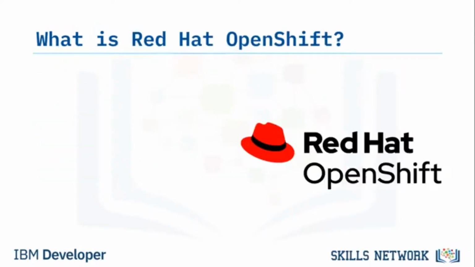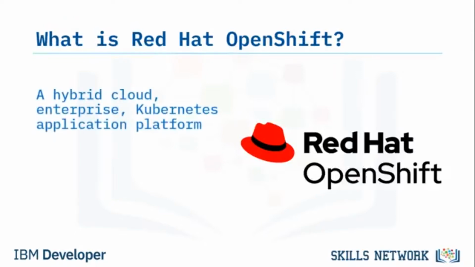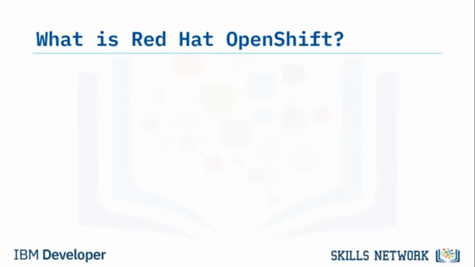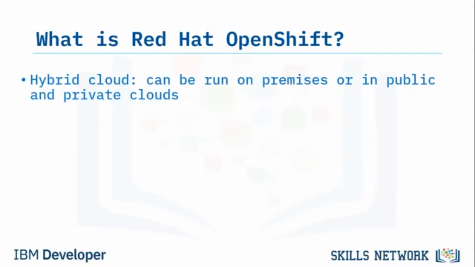The concise definition of OpenShift as provided on the Red Hat website says that OpenShift is a hybrid cloud enterprise Kubernetes application platform. Hybrid cloud is an IT architecture that incorporates workload portability, orchestration, and management across premises and cloud environments. You can run OpenShift in both on-premises and cloud environments.